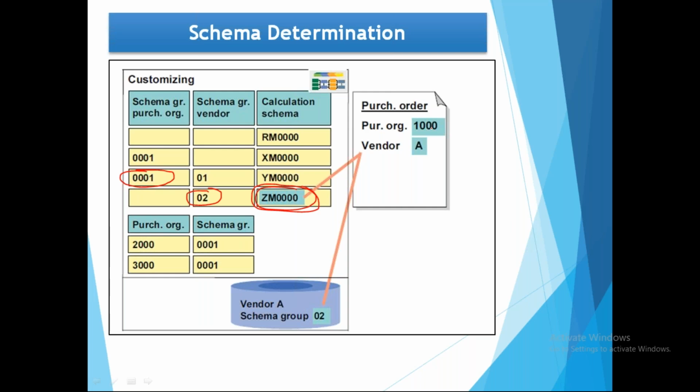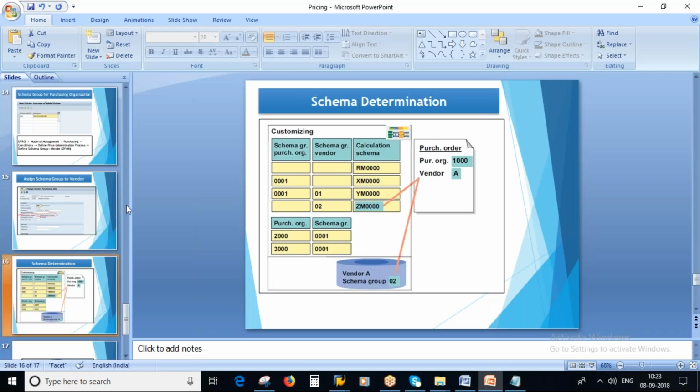So when you create the purchase order for the purchasing organization and for that vendor, according to this it will pick. Suppose for the purchasing organization 1000 you have assigned this calculation schema, and for the vendor you have assigned the schema group as 02. So for that combination, it will pick that particular calculation schema, nothing but the pricing procedure.